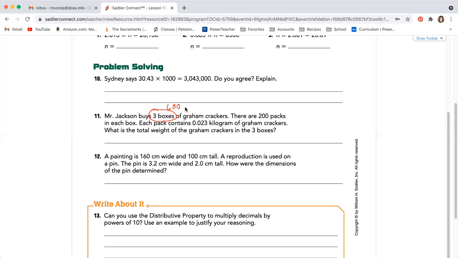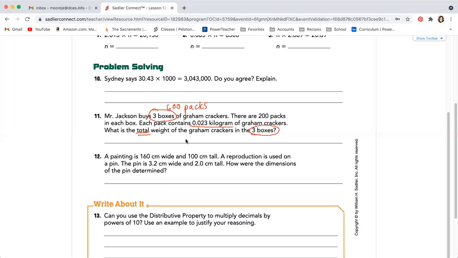So I can even make myself a little note, right? Each pack contains 0.023 of a kilogram of graham crackers. What is the total weight of all 3 boxes? So we know there's 600 packs, and we know that this is the weight of each pack.